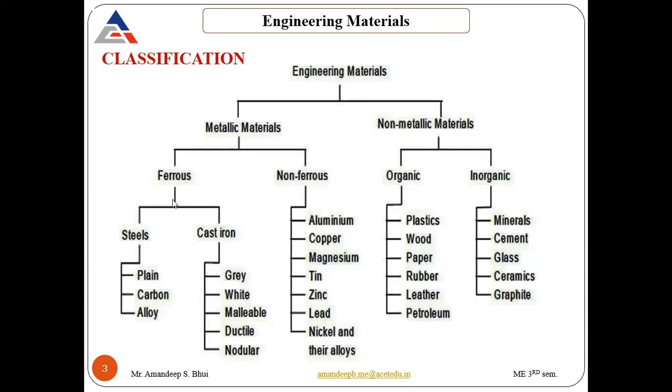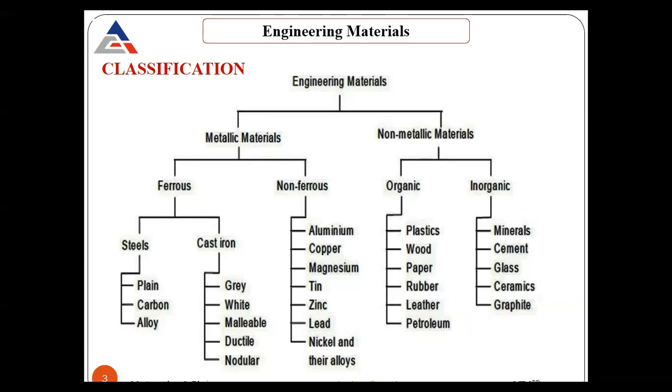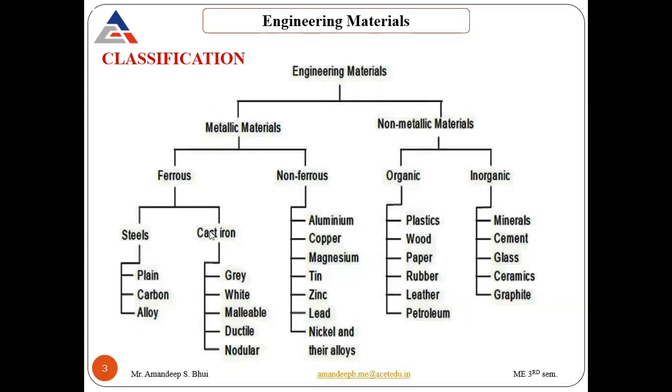Ferrous materials can again be subdivided into cast iron and steels. Steels can be plain carbon steel and alloy steels. Cast iron can be subdivided into gray cast iron, white cast iron, malleable cast iron, and ductile or nodular cast iron.